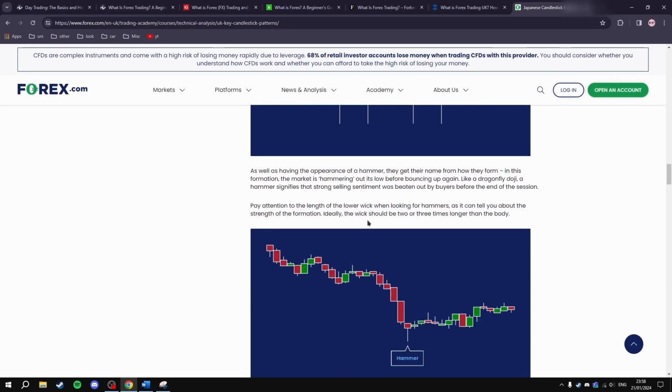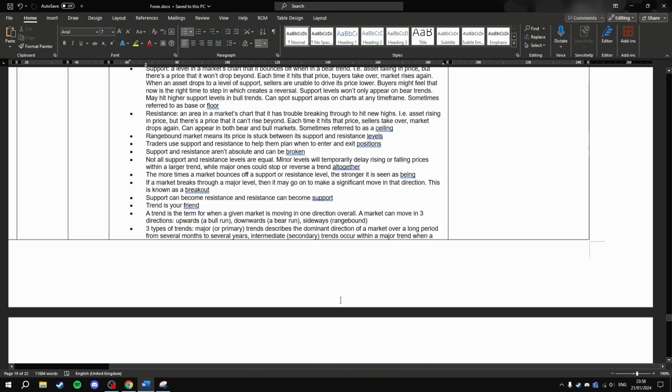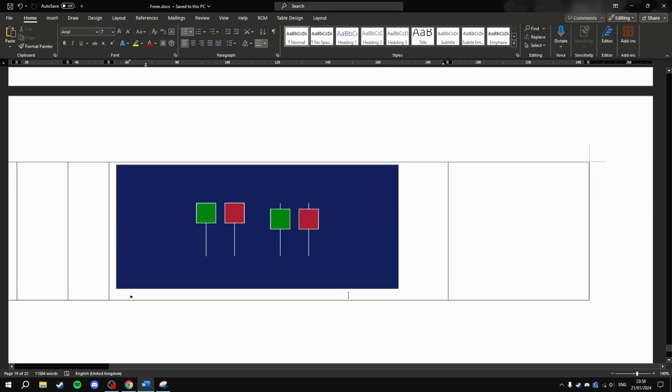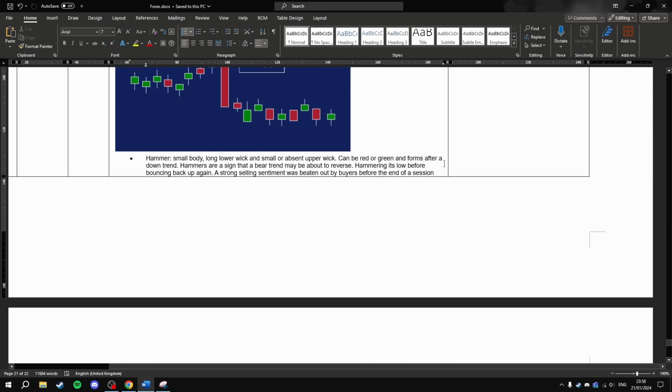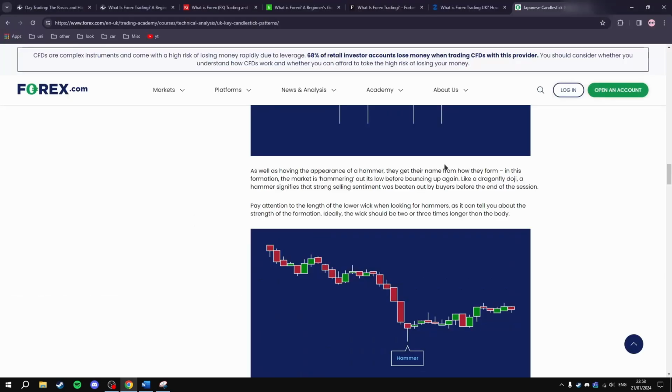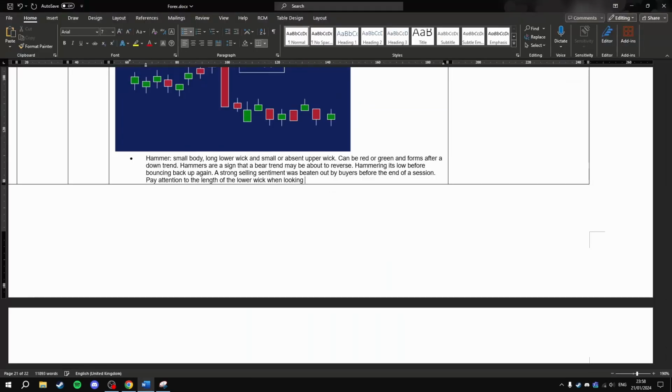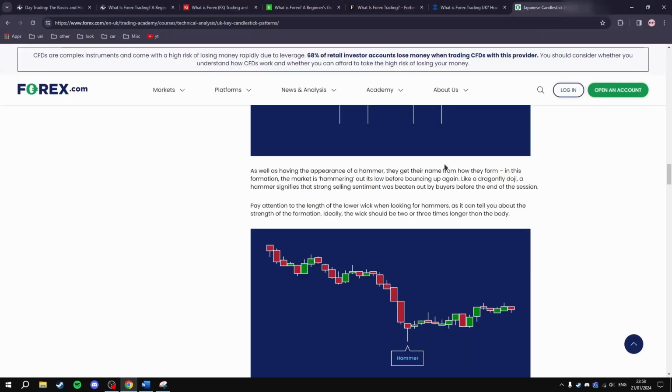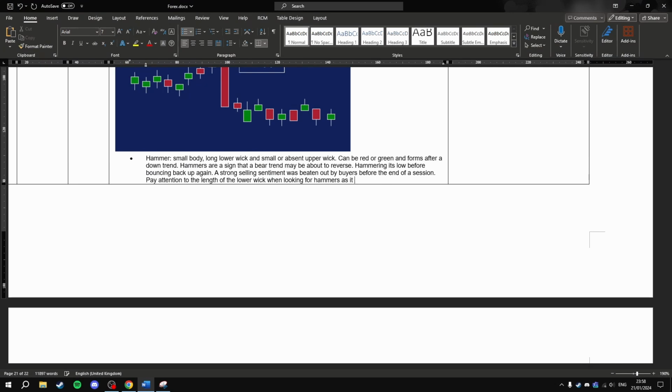Pay attention to the length of the lower wick when looking for hammers, as it can tell you about the strength of the formation.